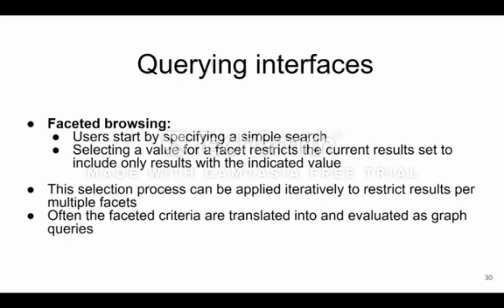Selecting a value for a facet restricts the current result set to include only results with the indicated value. This selection process can be applied iteratively to restrict results over multiple phases.